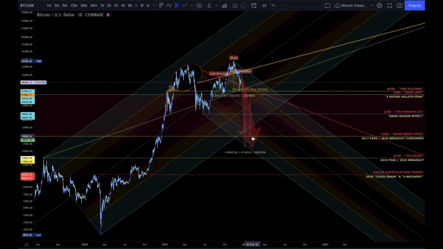My thinking is that if we test this low and do not bounce off of this median line here, which is a possibility, by the way, if we do not bounce out of here and stay inside of this larger trend, we could limp along up this way, but if we don't, if we fall below there and we hit 20,000, there's going to be so many people piling in to buy Bitcoin expecting a big bounce that the market is going to punish them.